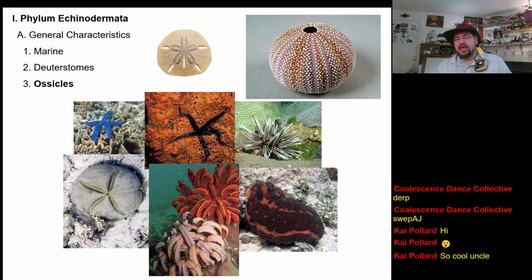Echinos is Greek for spiny, derma for skin. This includes sea stars, urchins, sand dollars, and sea cucumbers.